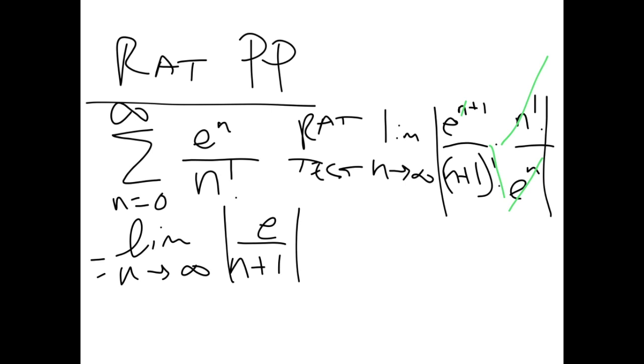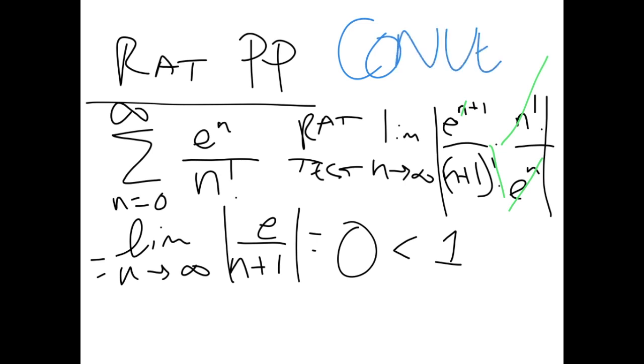Now, e is a number, so this equals 0. 0 is less than 1, so this converges. I'm not going to try and finish writing that in the screen size. All right, ratio test, super powerful. We want to make sure we understand it.